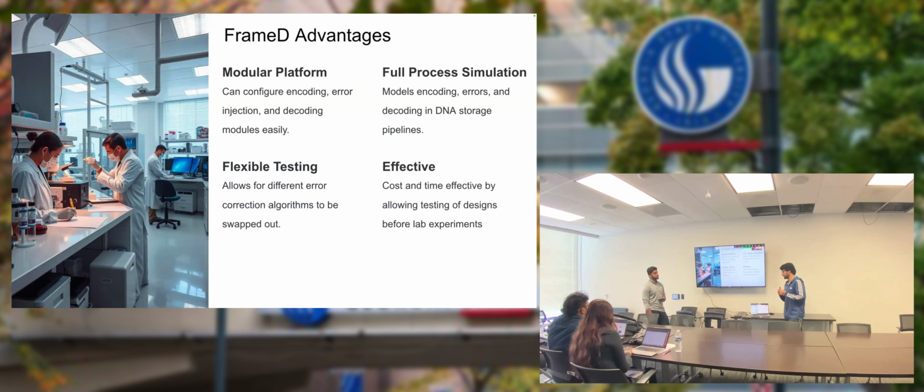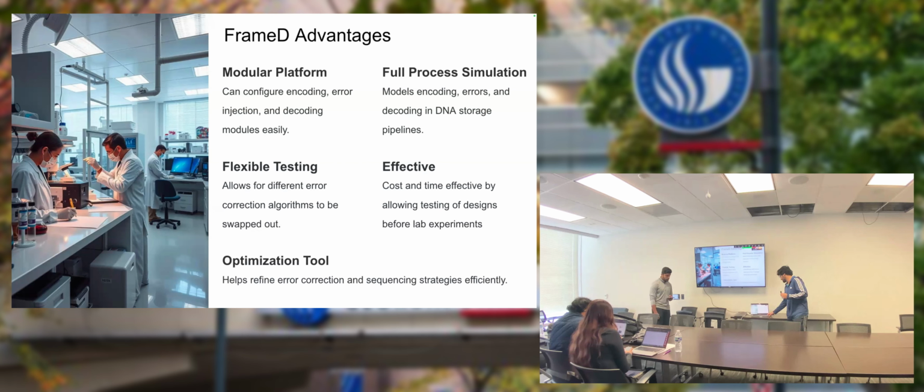It's also cost and time effective by allowing you to simulate the errors without actually doing the experiment. Obviously that's going to save you a lot of money and time. And it's also used as an optimization tool to refine the error correction algorithms and sequencing strategies efficiently.